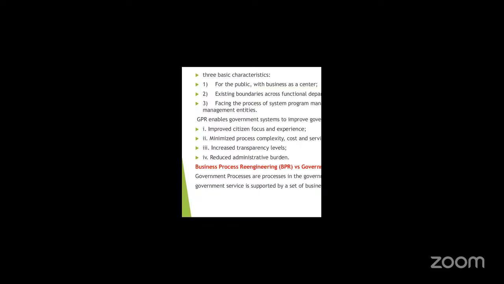So next one, business process re-engineering. Previously we talked about government process re-engineering. Now we are talking about business process re-engineering. So the government processes are processes in the government domain.